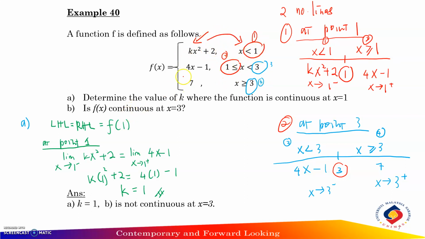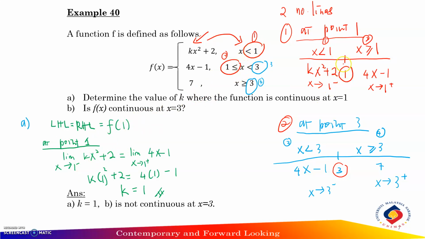So we need to approach this expression at point 1. The question mentions that the function is continuous at x equals 1. So we know that the left hand limit equals the right hand limit, and since the function is continuous, f of 1 is defined. So how do we get the value of k? We compare the left and the right hand limit at point 1.